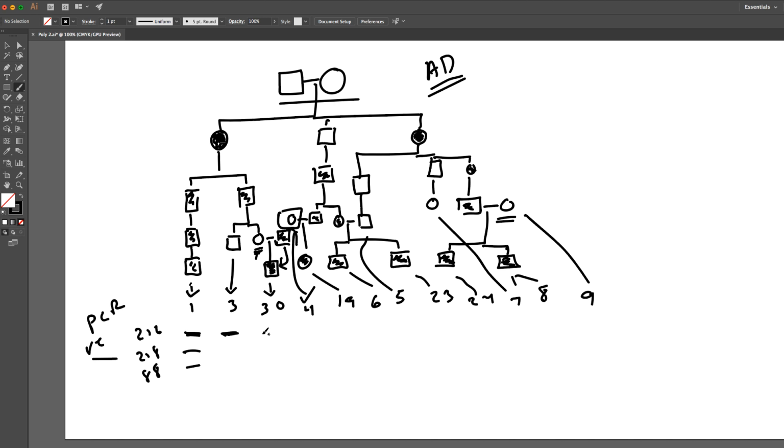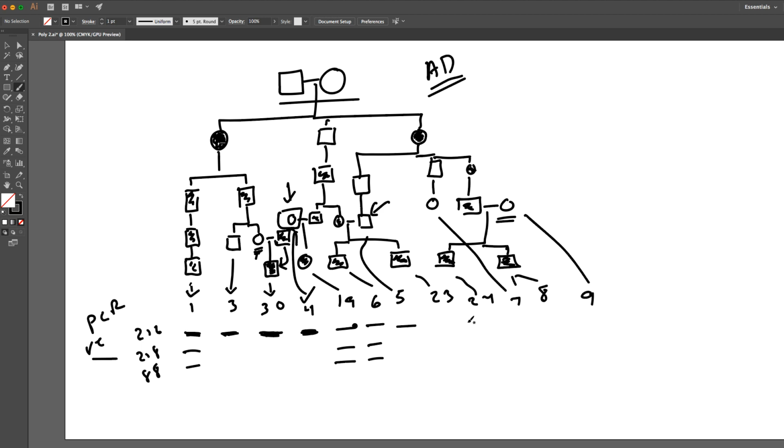So it turns out number 30 shows up as the two wild type versions of the protein. 4 is this person here. They have 2 copies of the wild type version. 19 is this afflicted female. So it turns out that she shows the mutation. 6 is from this afflicted male. 5 is from an unafflicted male here.